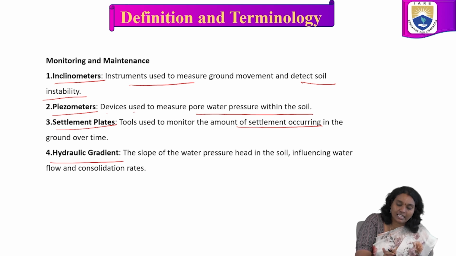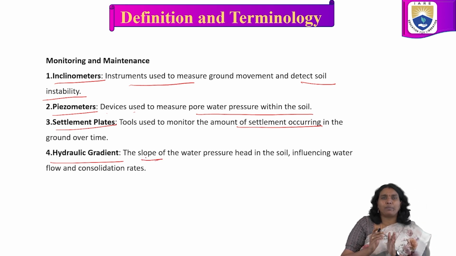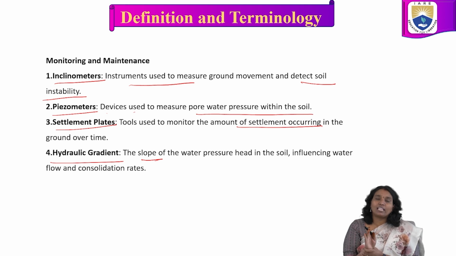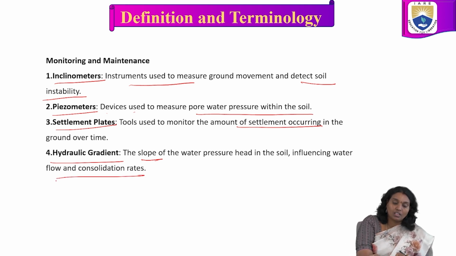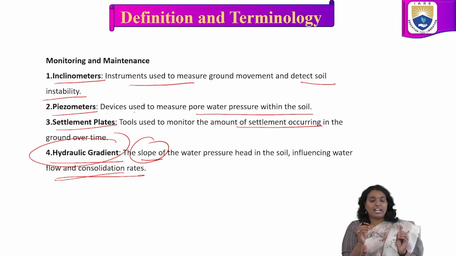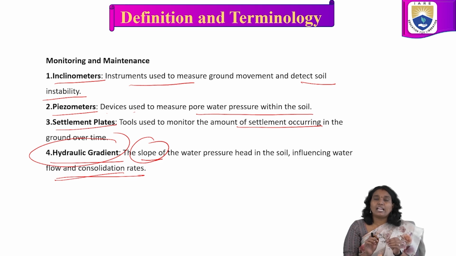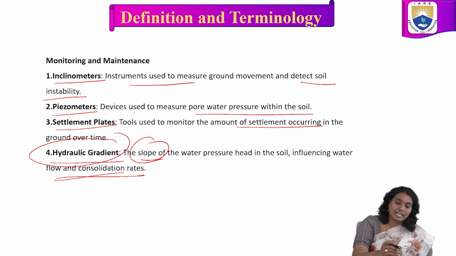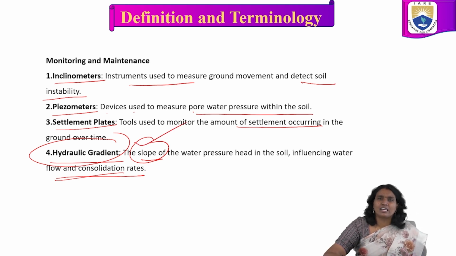Hydraulic gradient is nothing but the slope of the water pressure head in the soil, influencing the water flow and the consolidation rates. That slope is nothing but the hydraulic gradient. We are going to understand the water pressure head in the soil influencing the water flow and the consolidation rate; the representation of the slope is nothing but the hydraulic gradient.